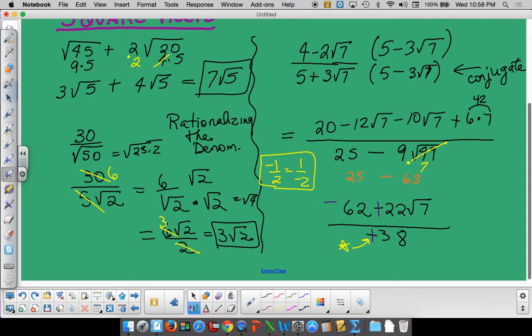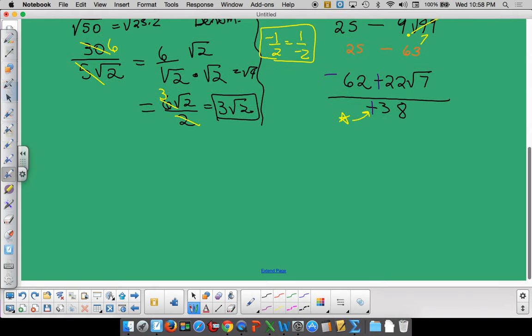Now, the other thing I hope you're noticing is that 62, 22, and 38, those are all even numbers, so it's got to be reducible by at least 2, if not bigger. You can only reduce the numbers outside the roots. You can't reduce any number inside the root. But all three of those, 62, 22, and 38, are divisible by 2, so we need to reduce this entire problem by 2.